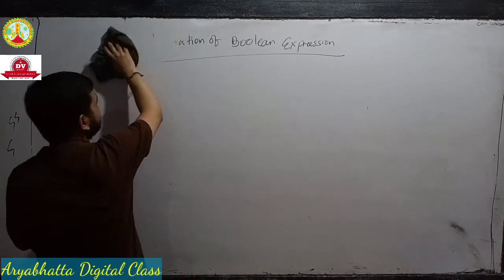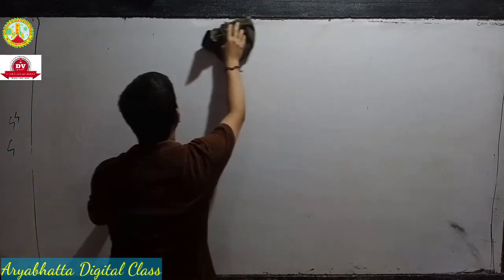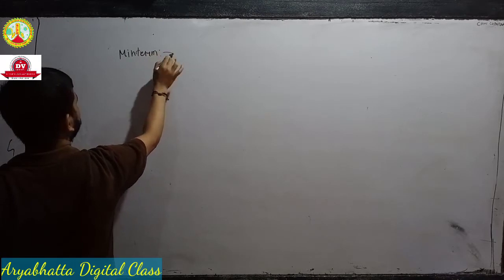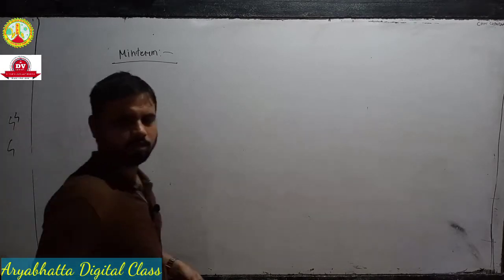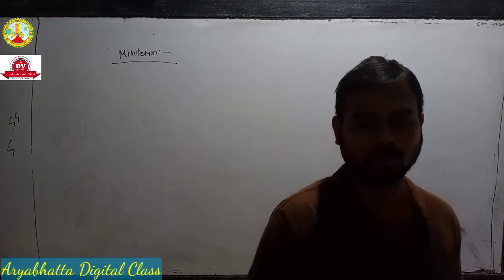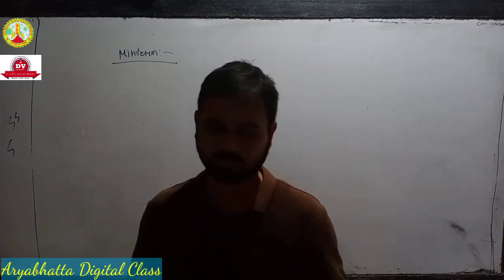First one is minterm. Write the definition. The detailed notes are already provided in the book; you just read by yourself. I don't give you the note, just the concept: how a minterm is found.